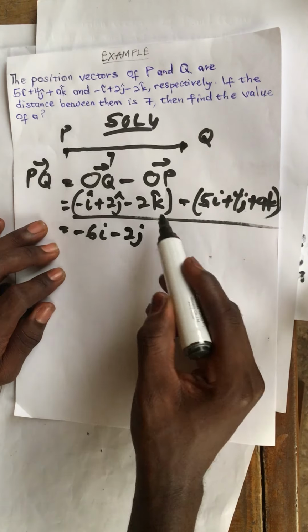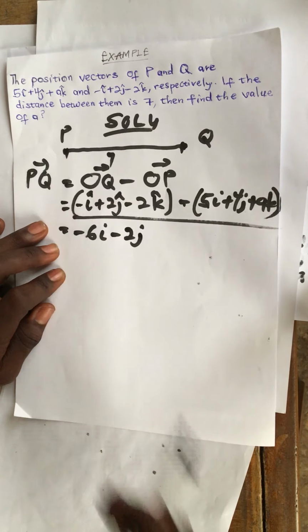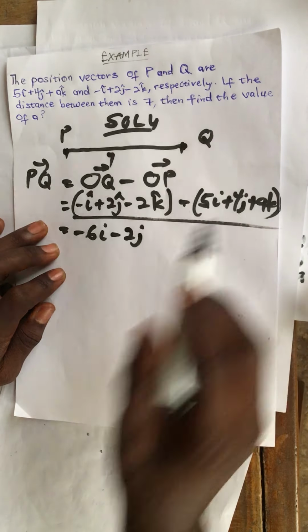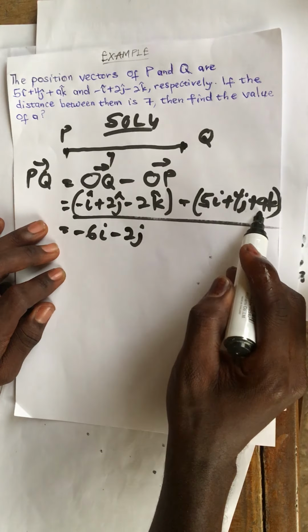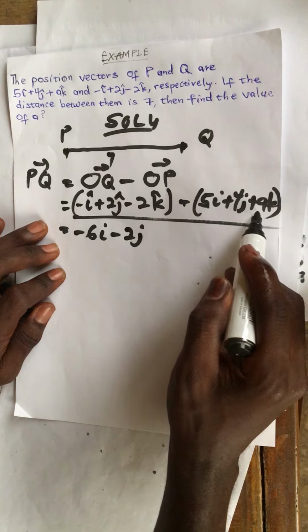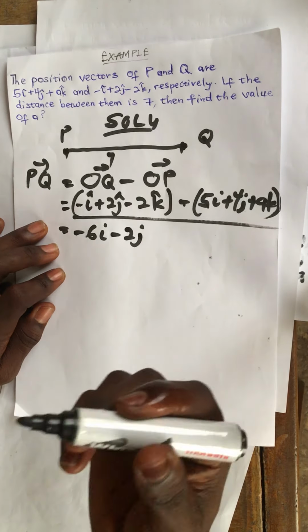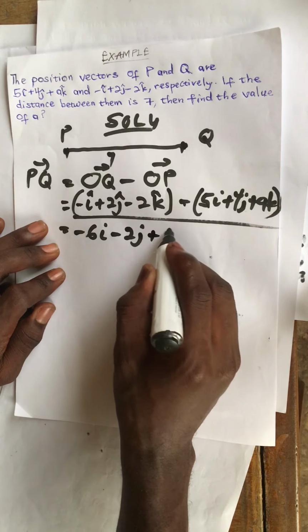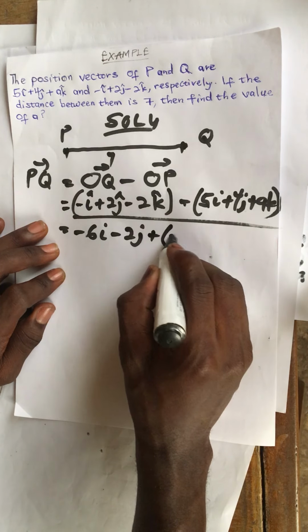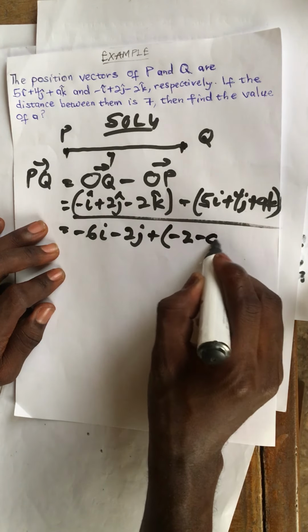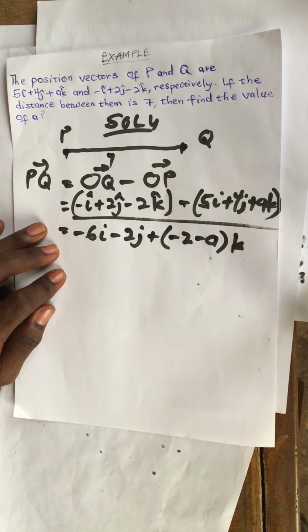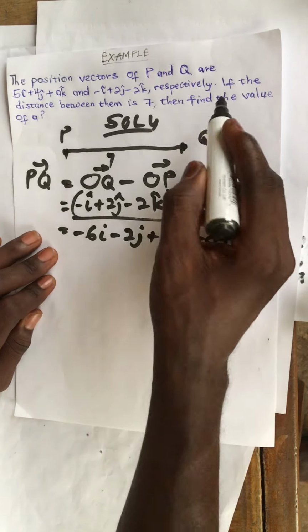The same applies to this: I have -2 here minus 8k. Here we don't know the value of a, so we maintain the a. So this will be equal to plus, in brackets, (-2 - a)k.